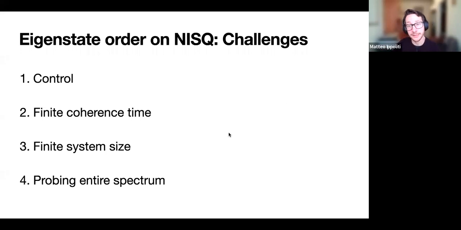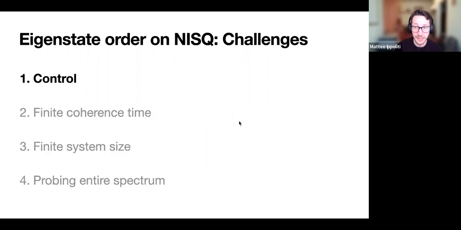And finally, this defining property of eigenstate order, which is that the entire spectrum exhibits this kind of behavior, is at face value not easy to probe, because the spectrum is, of course, a very big place. And so we'll have to devise some strategies for effectively probing the entire spectrum in some averaged way.